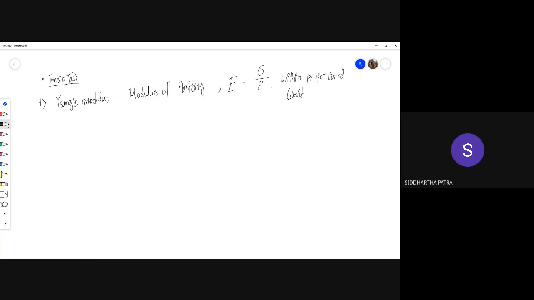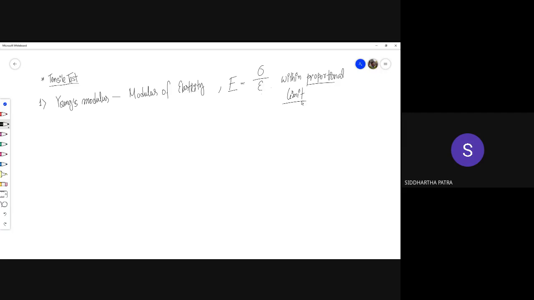We are familiar with it, and it says that the stress is proportional to strain. But what is the meaning of that statement? Stress is proportional to strain as long as that is valid. That means proportional limit, which is kind of a self-referring statement to make. But that's the way it is. Modulus of elasticity is kind of like that.